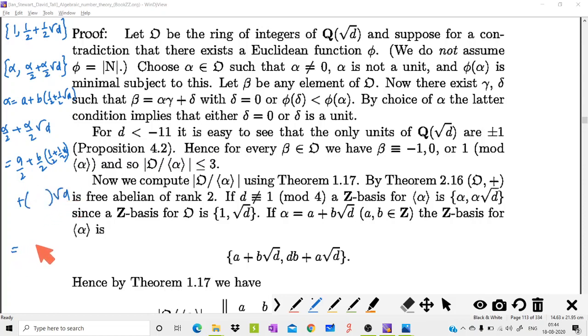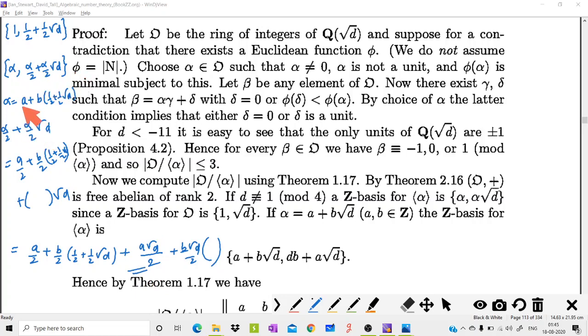So the expression is a by 2 plus a b by 2 times half plus half root d, plus this whole quantity into root d. So a root d by 2 plus b root d by 2 into this bracket is the expression for the second element, alpha by 2 plus alpha by 2 root d.